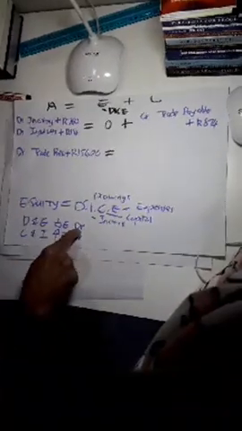E is for expenses. Right? So now I'm saying that my drawings and my expenses decrease equity on the debit side. And then my capital and income increase equity on the credit side. Why is that? Remember, drawings and expenses increase on the debit side. But since they increase on the debit side, they will decrease equity, because equity decreases on the debit side.